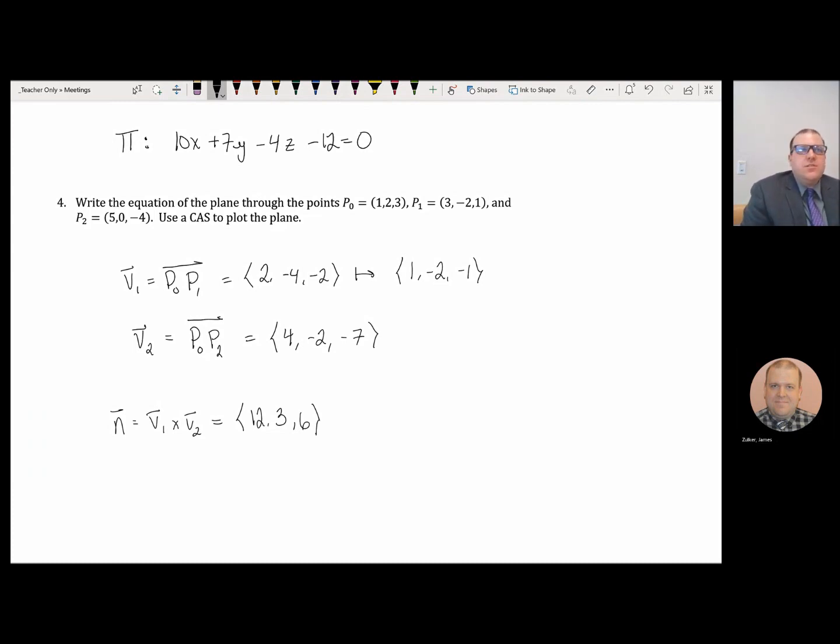Twelve, three, six. Of course, I'm going to use 4, 1, 2. Take out the common 3. We will pick up here tomorrow.